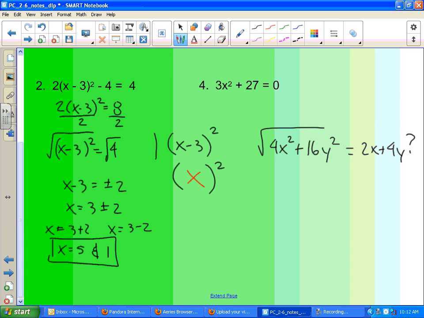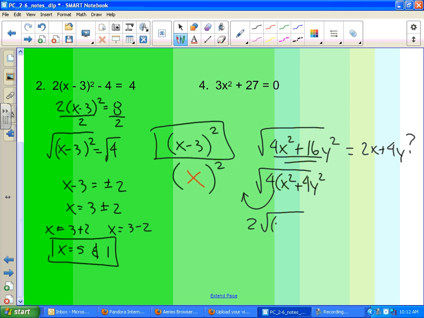See, in this form, I've got a factored form. In this form, I don't. So I can't just simply pull out the perfect square from those pieces. The actual answer to this problem is factor out a 4, be left with an x squared plus a 4y squared, and now 4 is a factor, so a 2 can come out, and I'd be left with x squared plus 4y squared. Got it? Is that what you're thinking of? It's a good question.